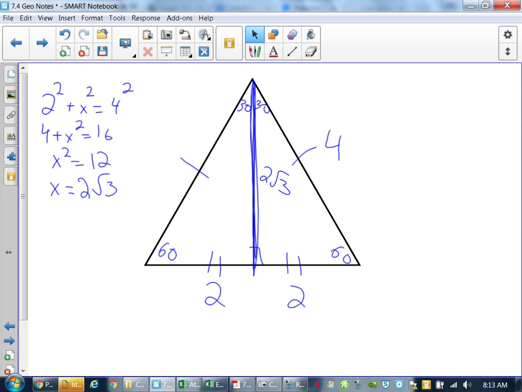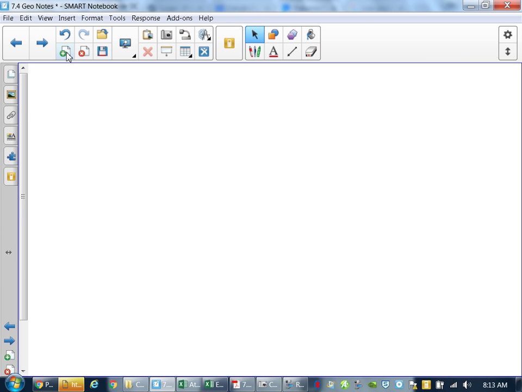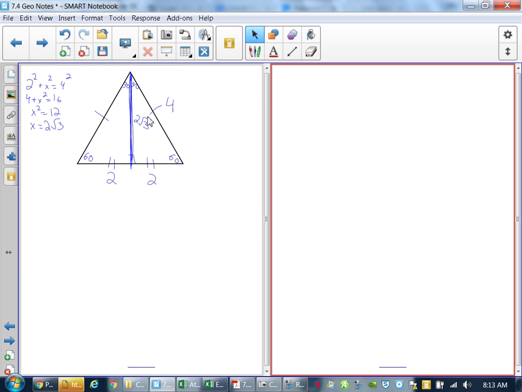So what happens here in this pattern, it's a little bit different. Let me put this on double screen. When you have a 30, 60, 90, what's the difference between 30 and 60? It's double, okay.